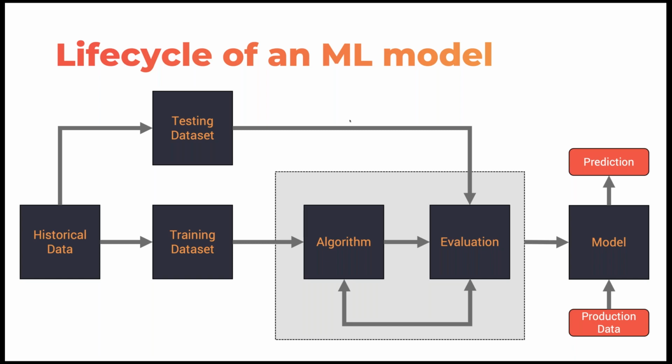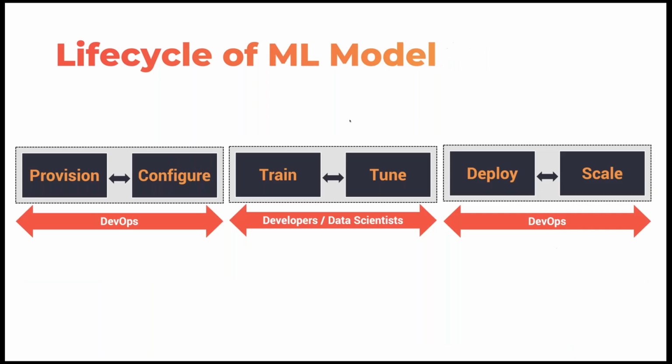Now, to do both training and inference, you need a robust platform. There are multiple individuals, teams, and personas involved in this process. For example, to set up the environment and run the right infrastructure, you need the DevOps team. They provision VMs with GPUs, and install software like Anaconda, CUDA libraries, TensorFlow, PyTorch, scikit-learn, the entire data science stack. They hand it over to the developers or data scientists who actually train and tune the model.